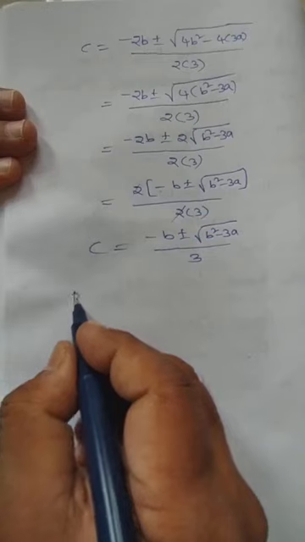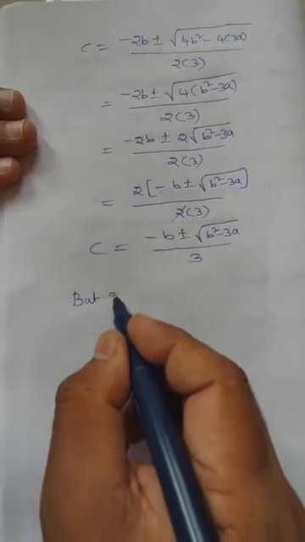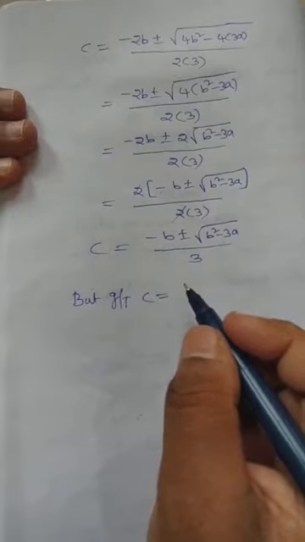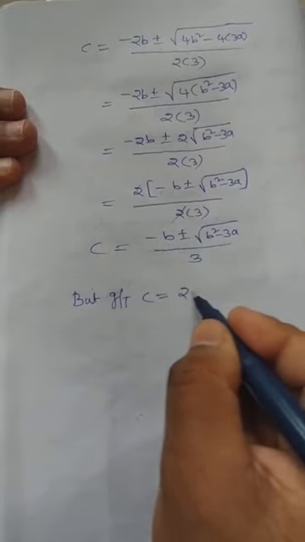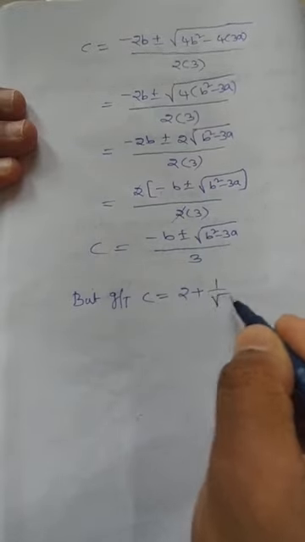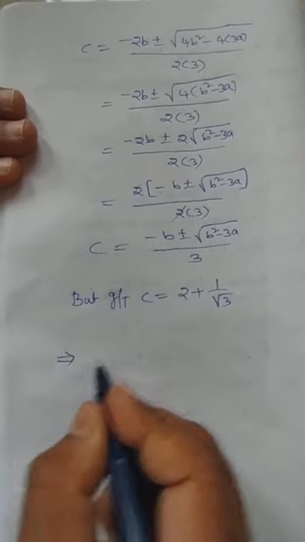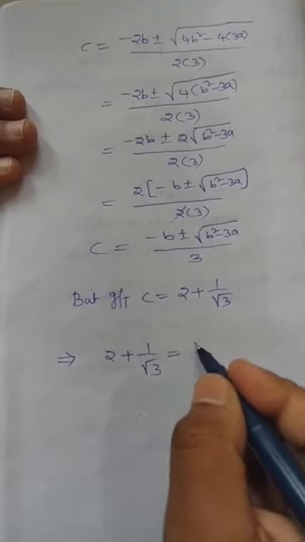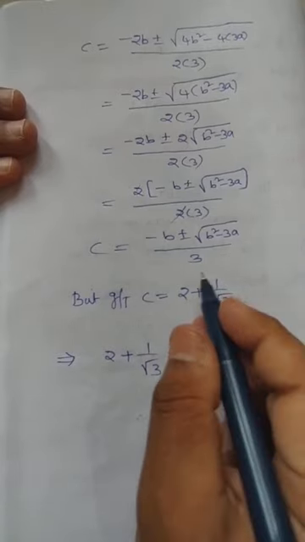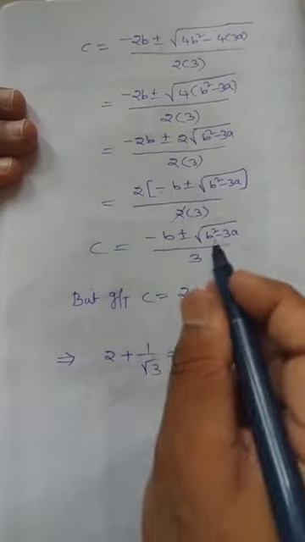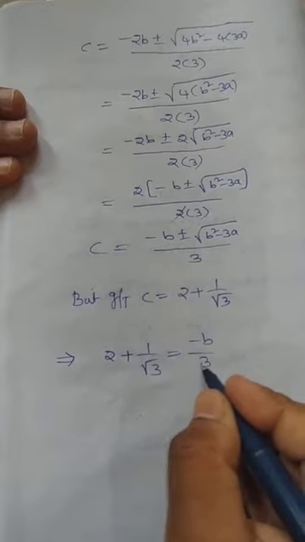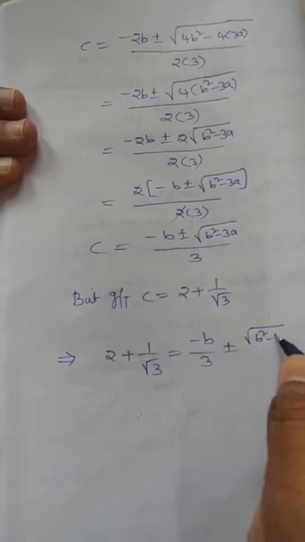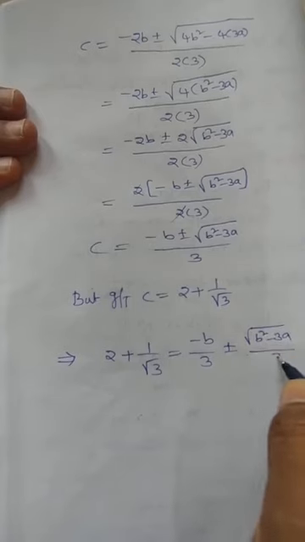But given that c is equals to 2 plus 1 by root 3, that implies 2 plus 1 by root 3 is equals to minus b. I am going to give this 3 to both the terms. Minus b by 3 plus or minus under root of b square minus 3a by 3.